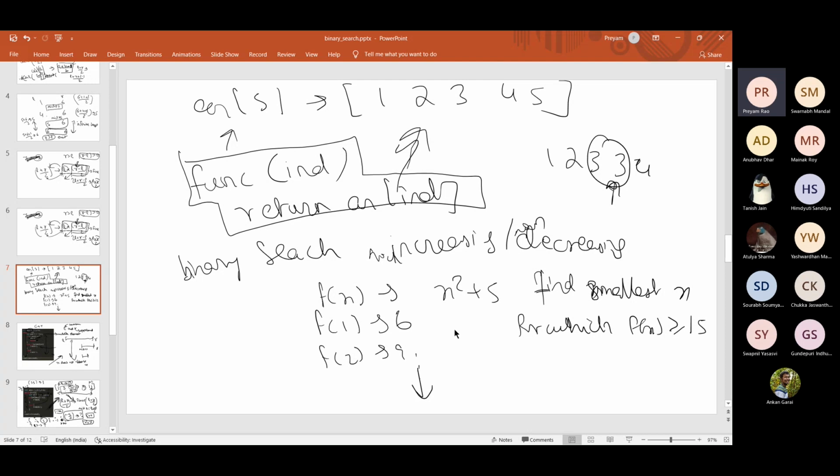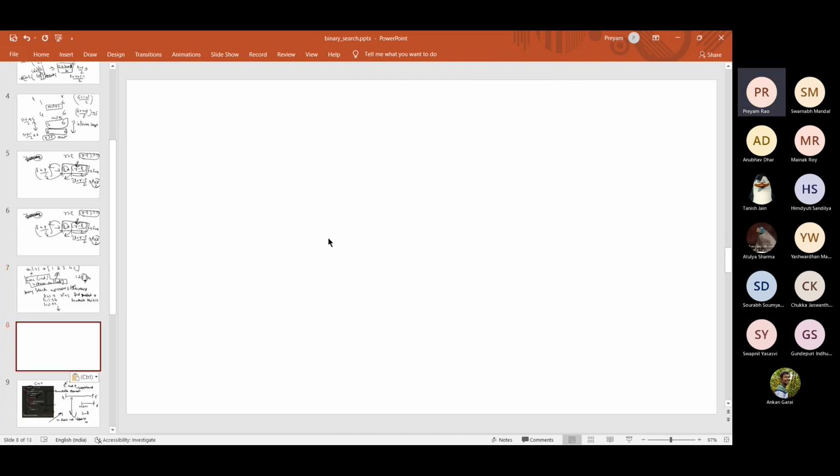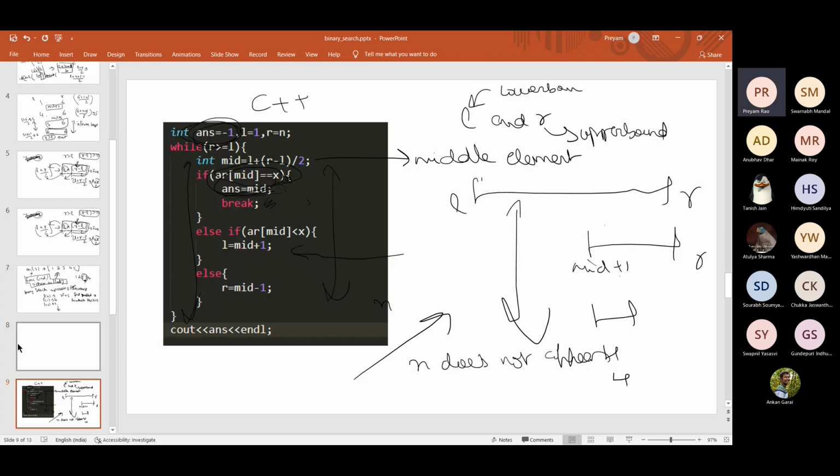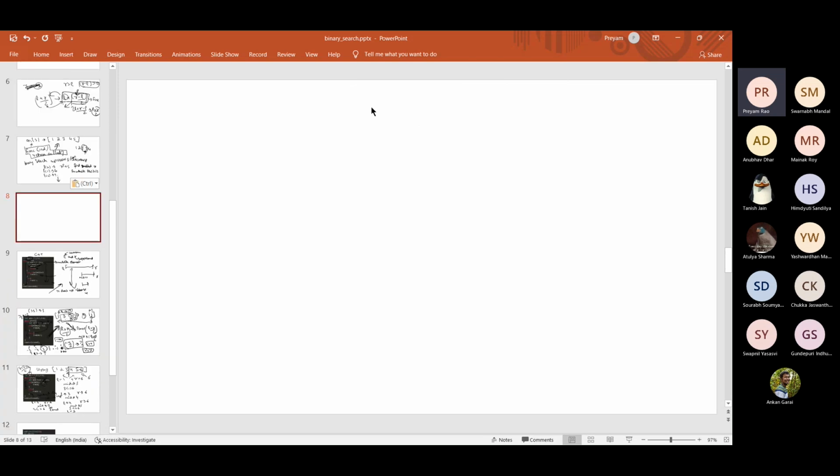So we can use binary search in the exact same way to find the smallest number for which f of x is greater than or equal to something, right? So we don't really need an array. We can also use a function. Okay, so that is one part, and binary search, it's not really that complicated.